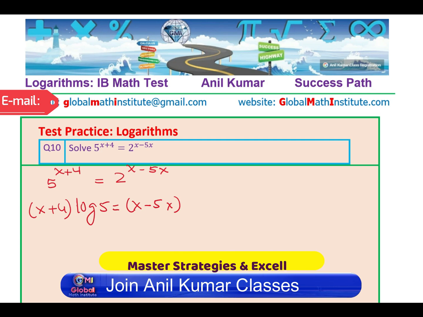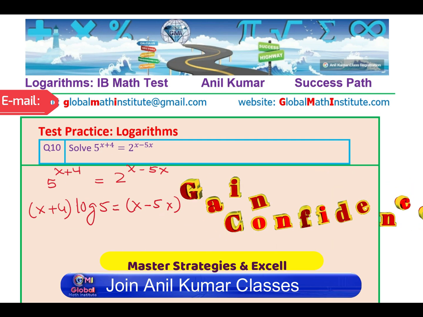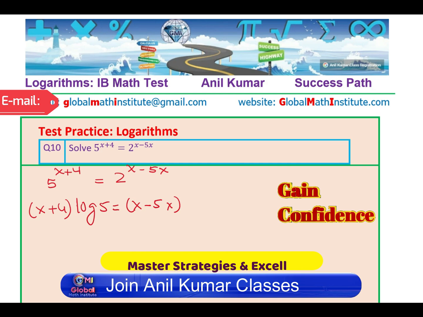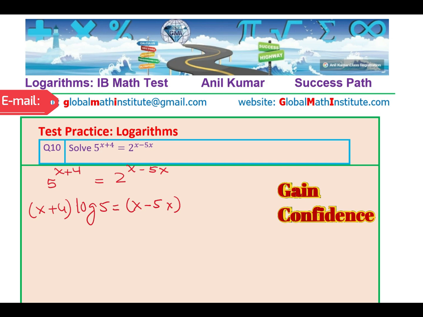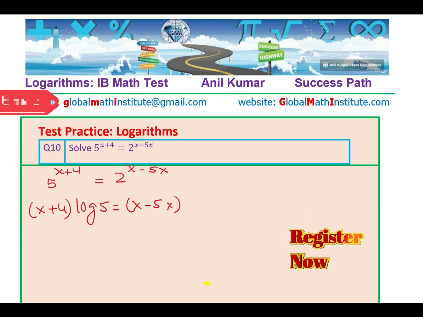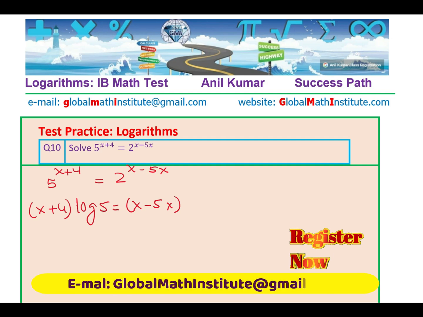X minus 5x, I think there could be a typing error here, right? I'm not sure. It could be a typing error because I think it was x minus 5. So anyway, while you're solving, you can try with x minus 5. There's a typing error. We'll go with this question itself.